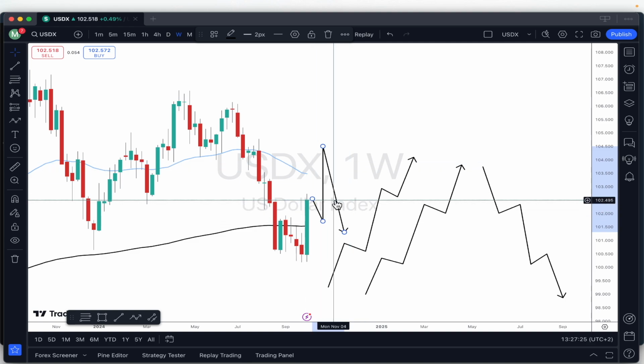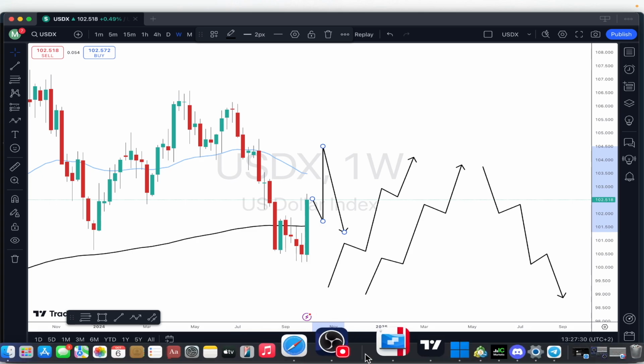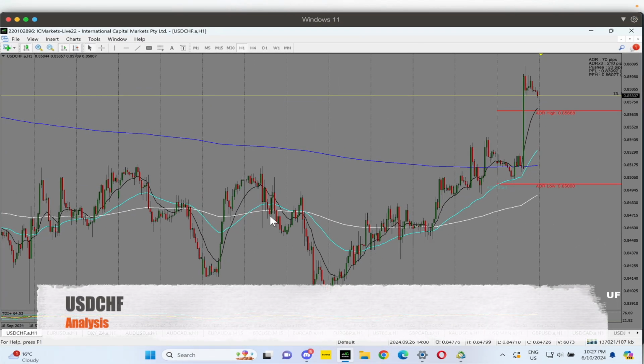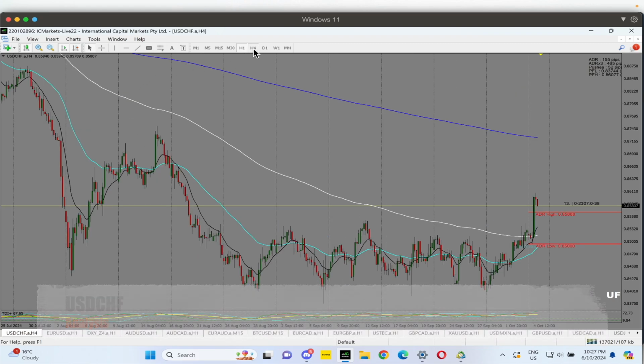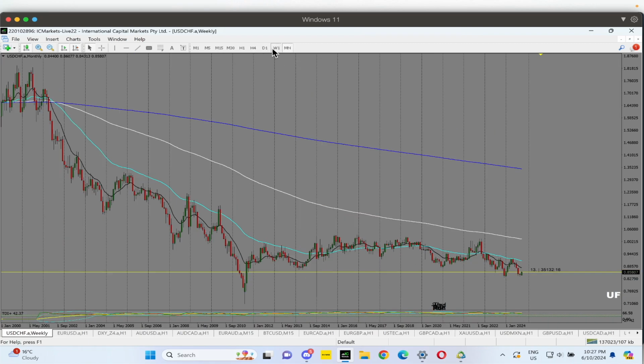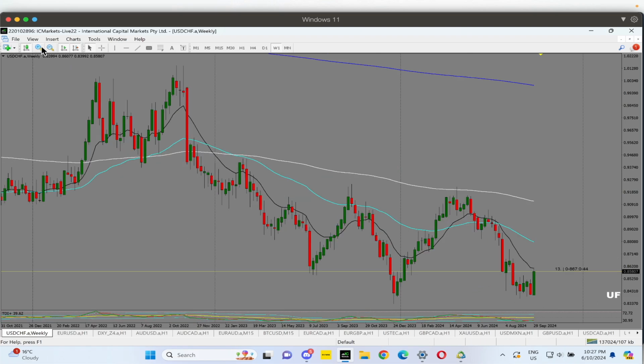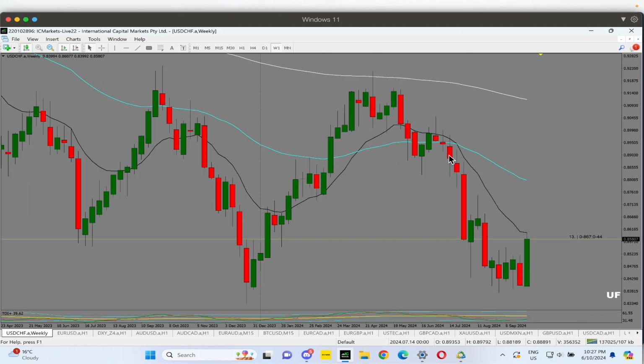Let's go back to our charts, the ones we are used to, and then I'll show you what exactly I mean. All right, so I've got my USD CHF right here, and as you can see, this has been buying because the dollar index has been buying. And if I pull the chart right here, you can see the similarity of what you were looking at right now.